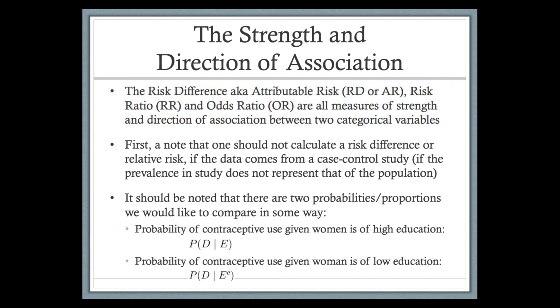I'm going to use the words risk ratio and rate ratio interchangeably. There is a slight difference between the two, and later on we'll separate exactly what that difference is, but they're very similar in concept, so a lot of people tend to use them interchangeably.